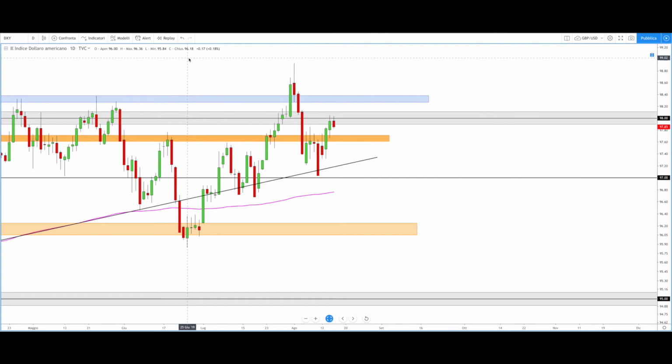So we have many pairs on critical areas, and this for me is a critical signal that the markets are ready for a big move, because where many pairs are on critical levels, I expect a big move before the next main direction.